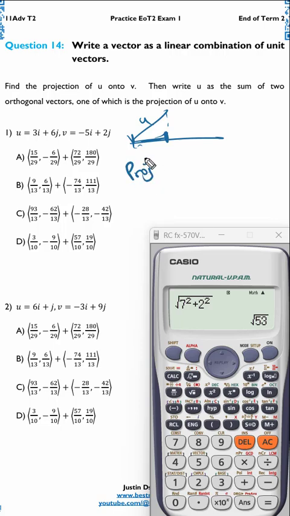Projection of u onto v will be given as the dot product of u and v divided by the magnitude of v squared, and then you just multiply v as a scalar. So u is only used once, in the dot product, then everything is magnitude and multiplying. So here, what is u? U is 3 and 6, positive, positive, whereas v is minus 5 and 2.